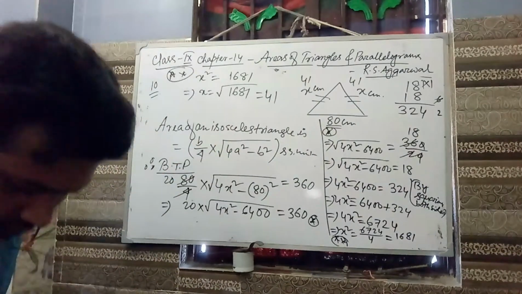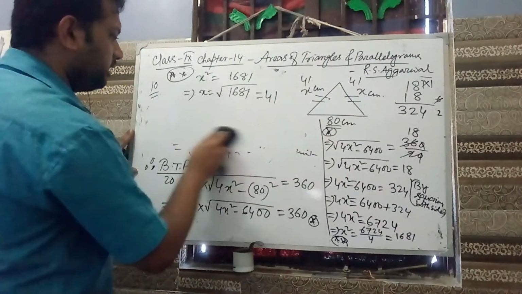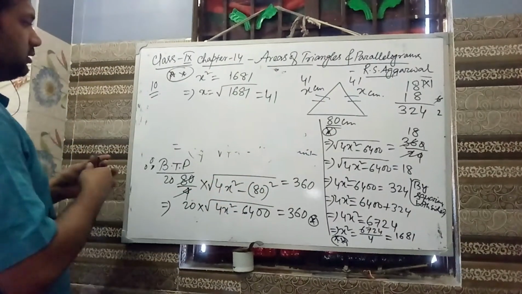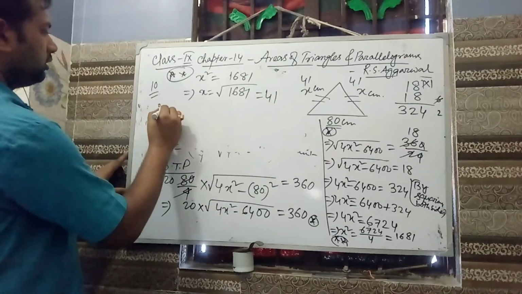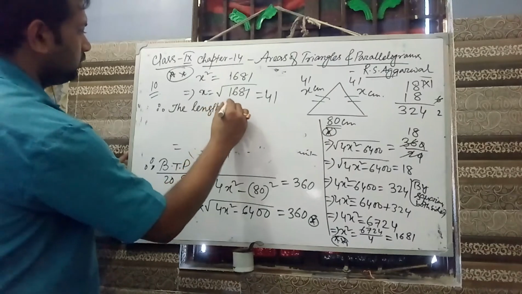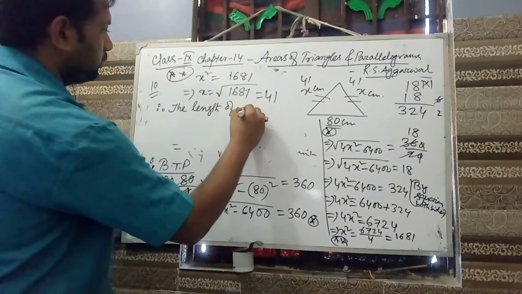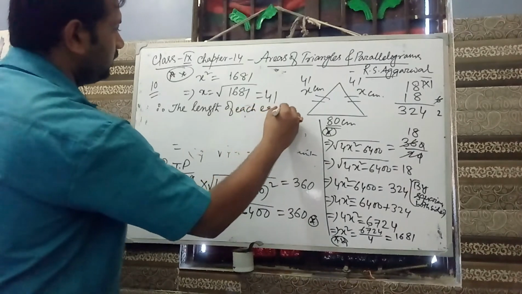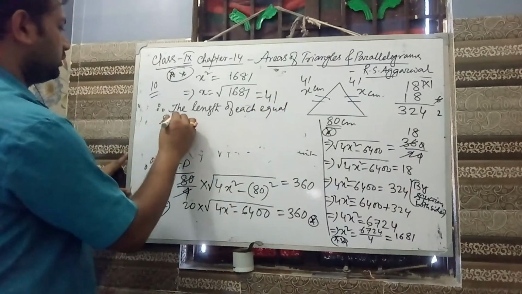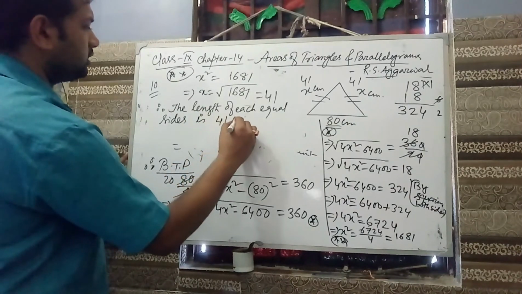But before that, we have to write down: Therefore, the length of each of the equal sides is 41 centimeter.